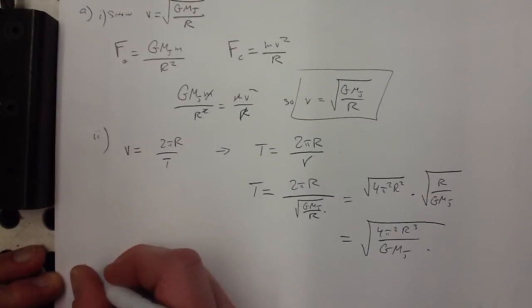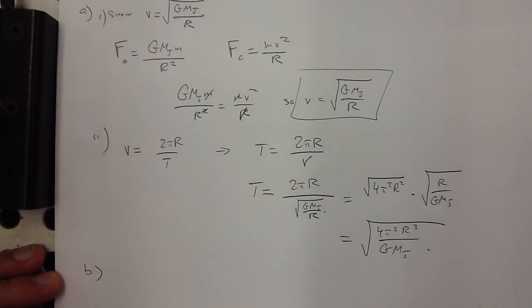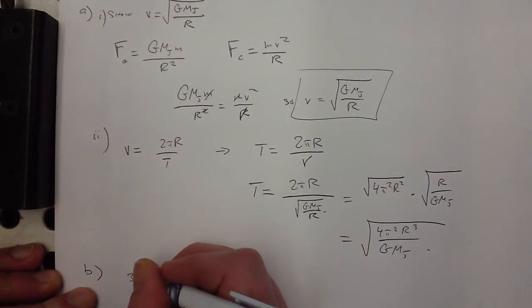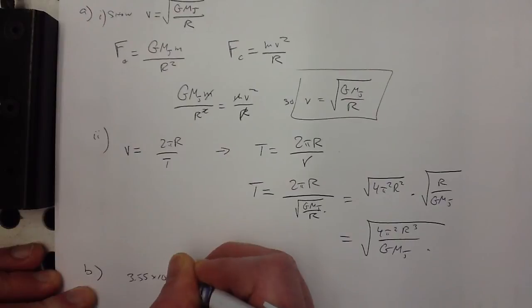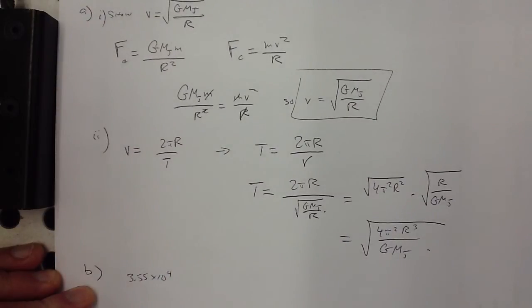Okay, part B. The explorer wants the satellite's orbit to be synchronized with Jupiter's rotation. This requires an equatorial orbit whose period equals Jupiter's rotation period of 3.55 times 10 to the 4th seconds. And they want to determine the required orbital radius in meters.